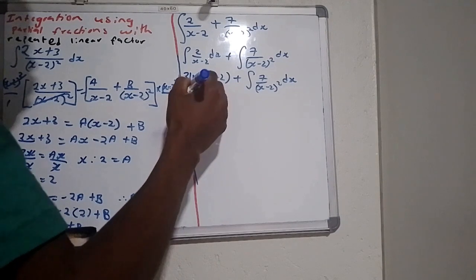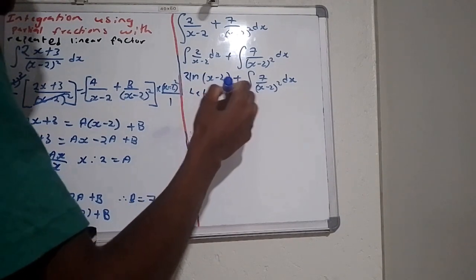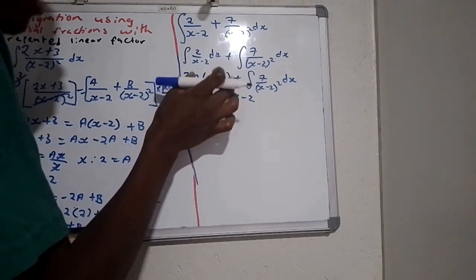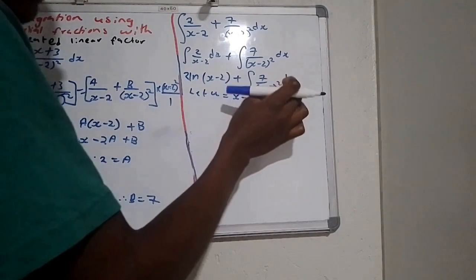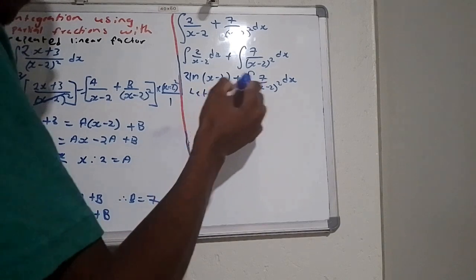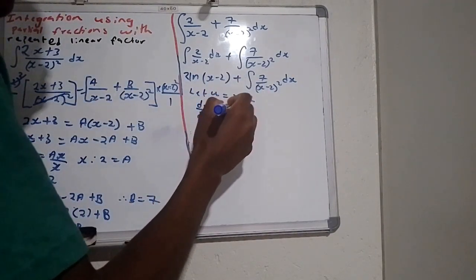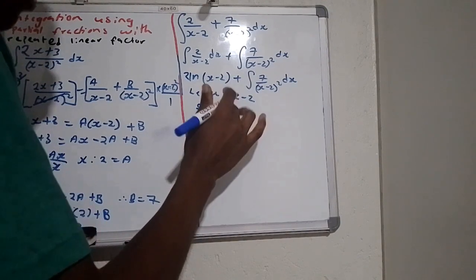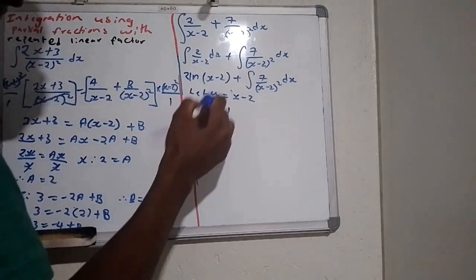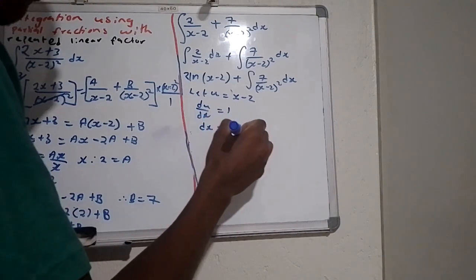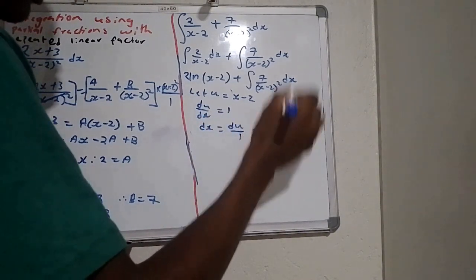I'll introduce what you call let u be x minus 2. But I'm not going to substitute it here, because I already integrated this. I'll substitute it here. If I have this, du over dx equals 1, because here the factor is 1. So dx will be du over 1, which is similar to saying du.